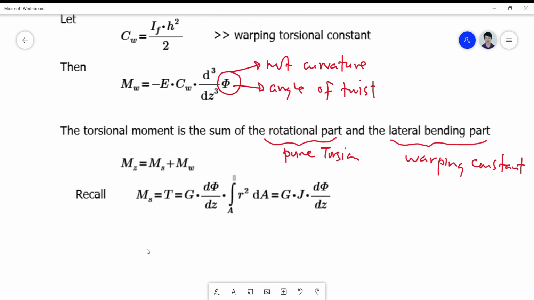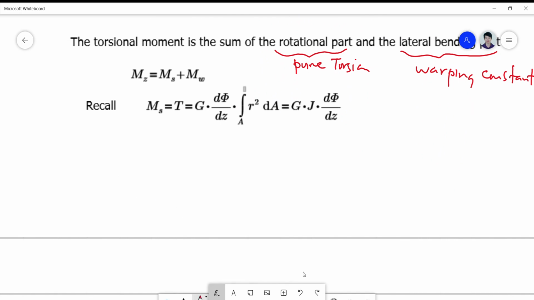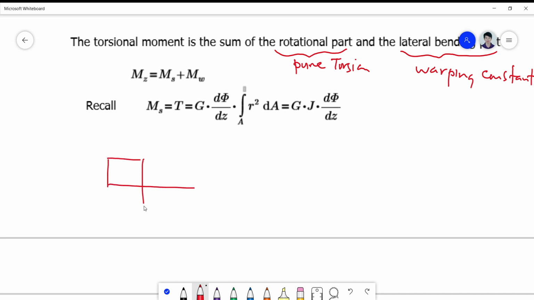So we can actually make an analogy of a simple shear diagram equivalent to the torsional diagram of a beam loaded by a constant torsional moment at the midspan.